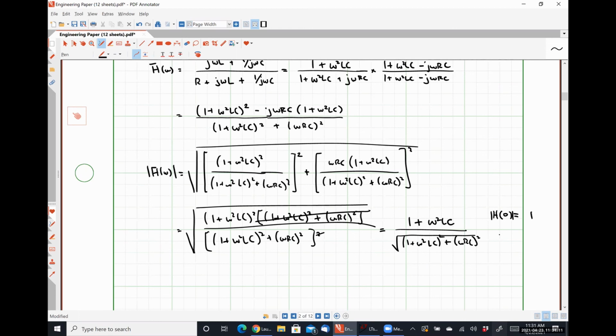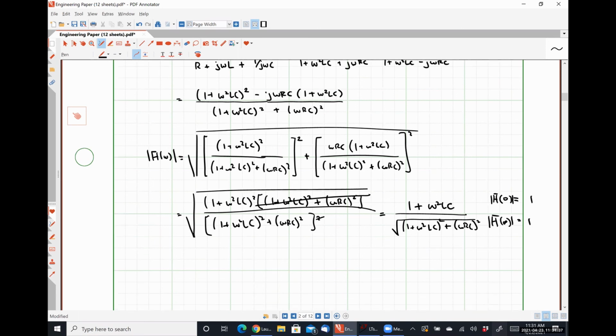So it looks like 1. At infinity, it's also going to come out to be 1. We're going to have infinity squared over the square root of infinity to the 4th power, which is infinity squared over infinity squared. And so we see that it passes low frequency signals and it passes high frequency signals. And we certainly hope that it's rejecting frequencies in the middle.